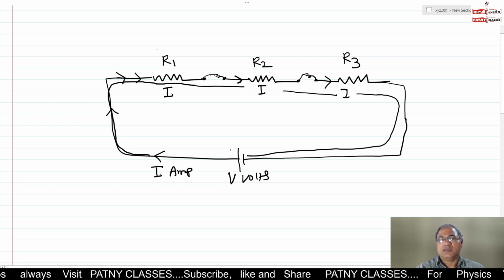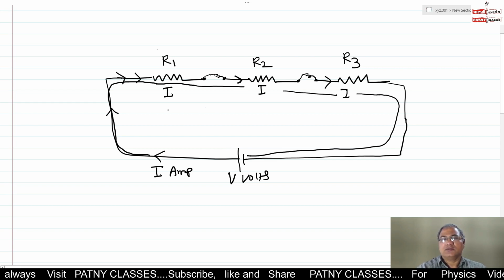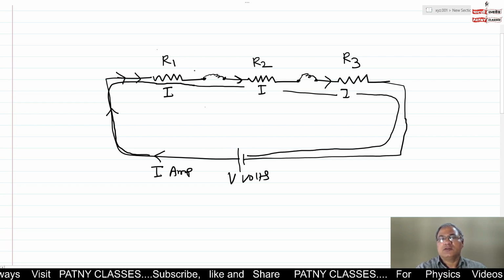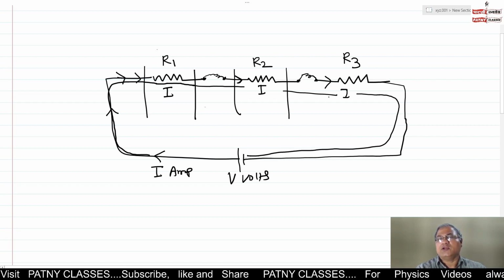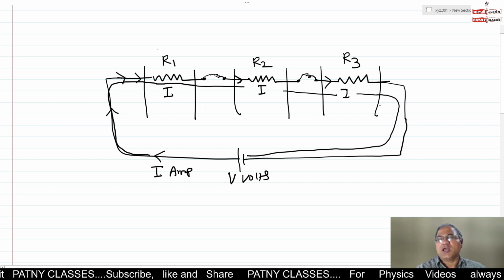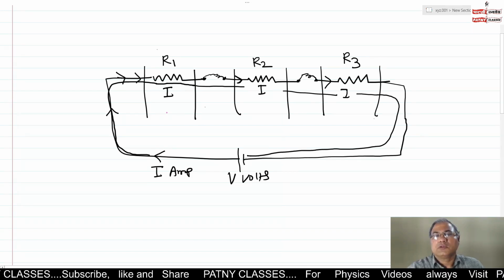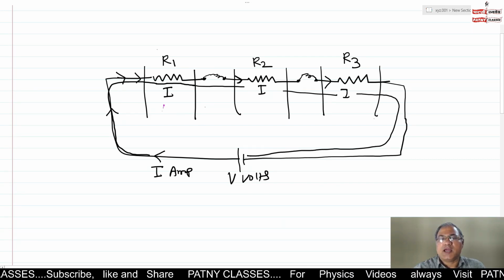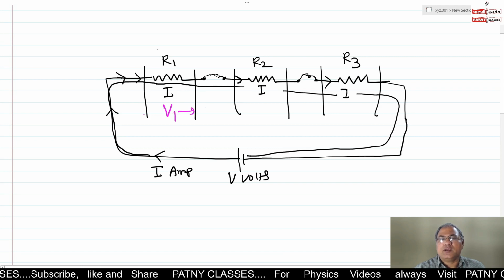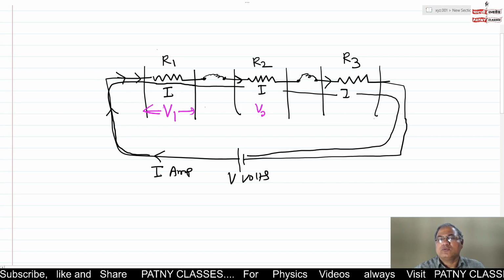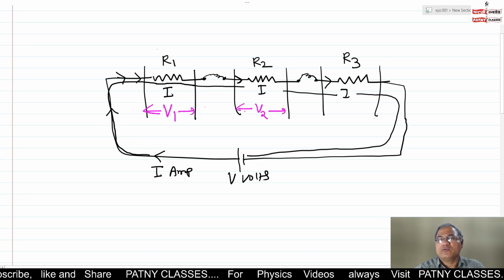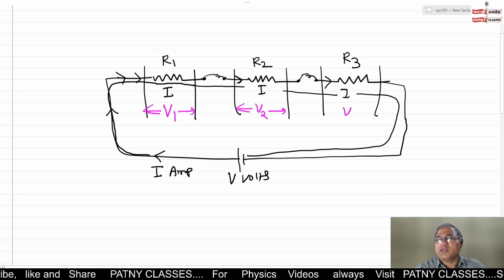But in the series combination, the voltage at R1, the voltage at R2, and the voltage at R3 are not the same. Say the voltage at R1 equals V1, the voltage at R2 equals V2, and the voltage at R3 equals V3.